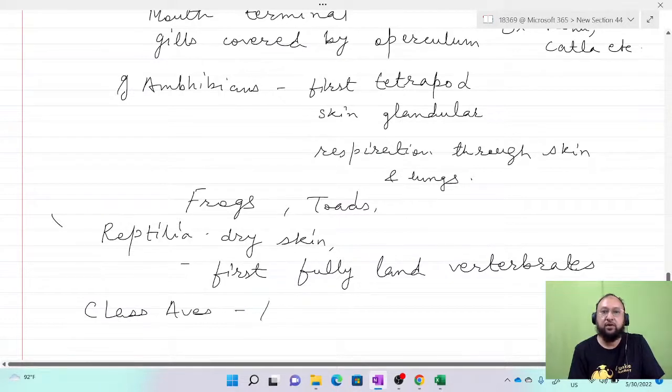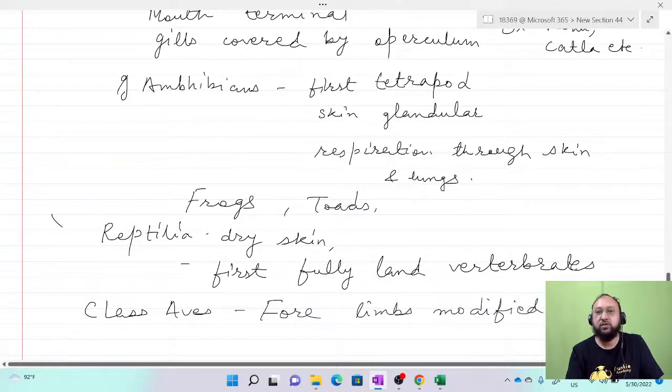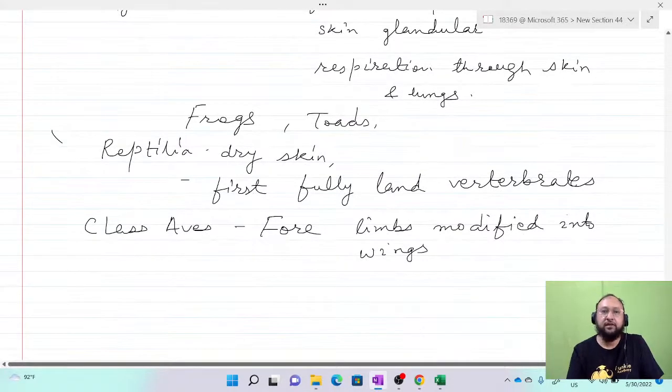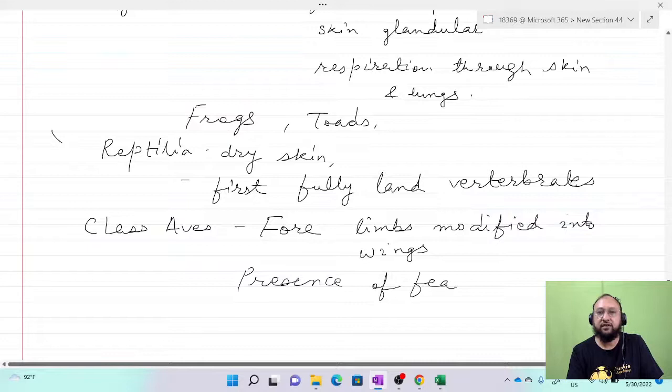So the forelimbs are modified into wings, and they are adapted for flying. Presence of feathers on their body is important. Presence of beak.